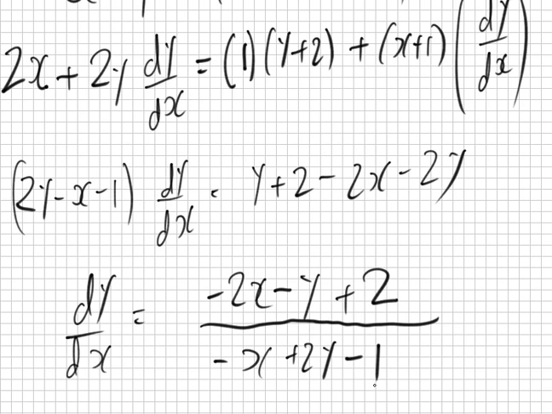What did I do wrong? Y minus 2y is minus y. Did I do anything wrong? Oh, sorry. This isn't here. I need 10 seconds of silence, okay?